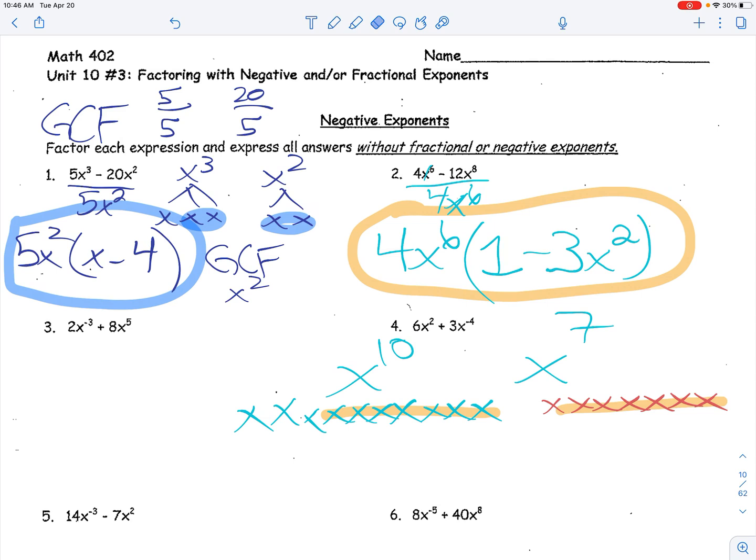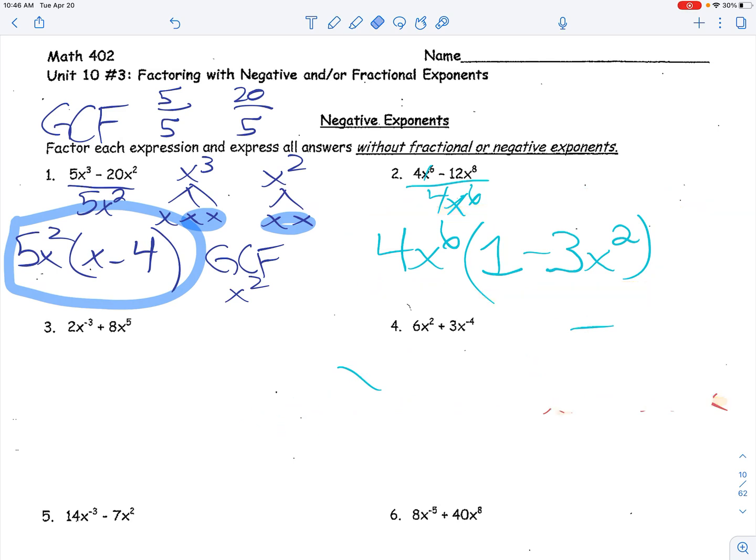What if, I'm not going to draw out all these x's, but what if, another example here, I did x to the 99th power and x squared? What's the GCF between x to the 99th power and x squared?